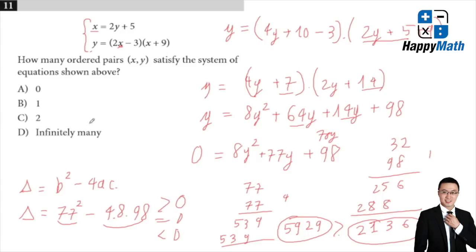That's why I will choose C, because this equation has two values of y, y1 and y2, which correspond to x1 and x2, and the two values are available. Okay, so my final answer for this question is C.